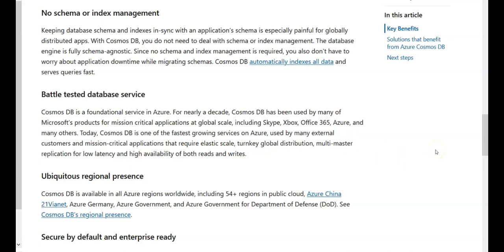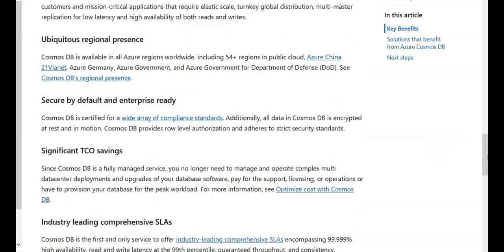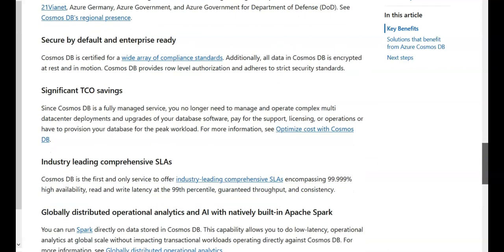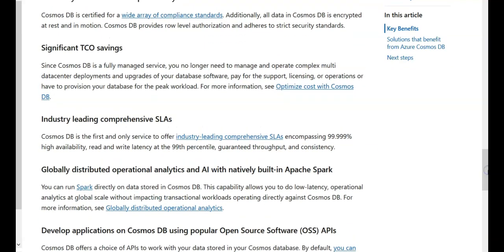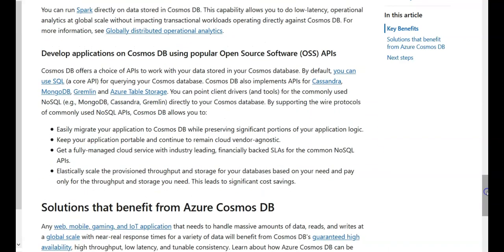It has ubiquitous regional presence, and is secure by default and enterprise ready. It has significant total cost of ownership savings and industry-leading comprehensive SLAs. It offers globally distributed operational analytics and AI with natively built-in Apache Spark. You can develop applications on Cosmos DB using popular open source software APIs.